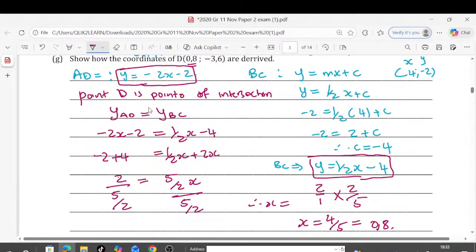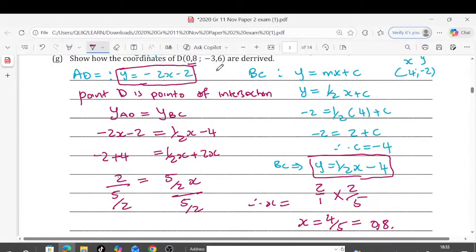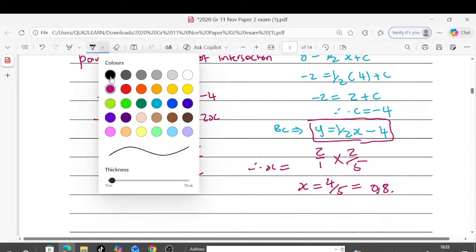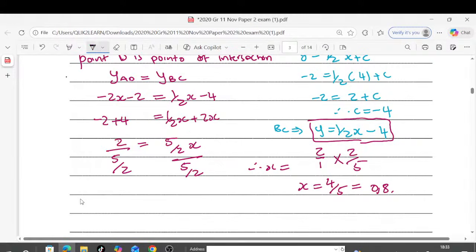I'm just going to choose AD because I don't have any fractions in AD.